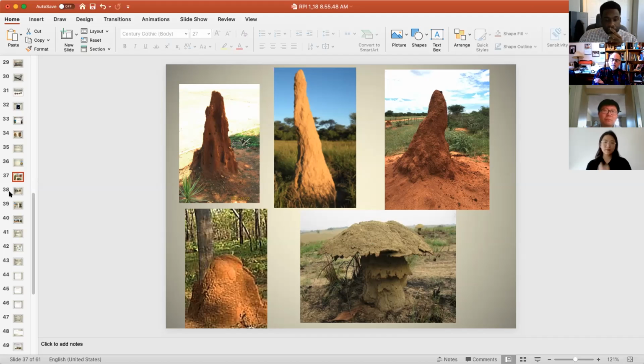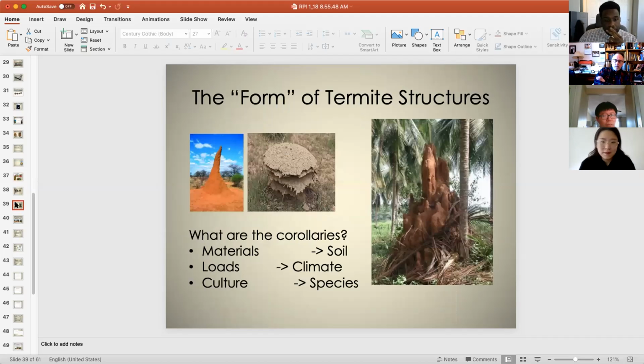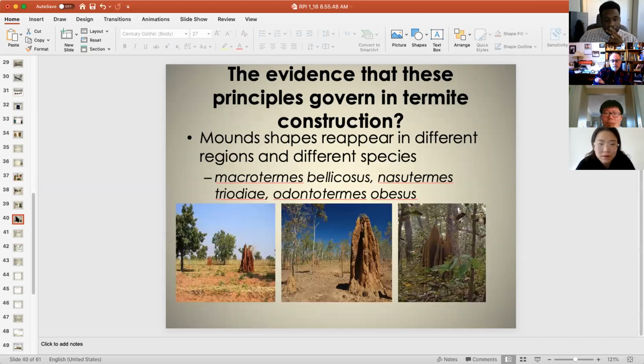What he did is compare the form of human structures. If you look at the common ways that we develop human habitats, we look at materials, loads, and culture. From a termite perspective, that would be what type of soil they have, what the climate is, and what species of termite is building it.